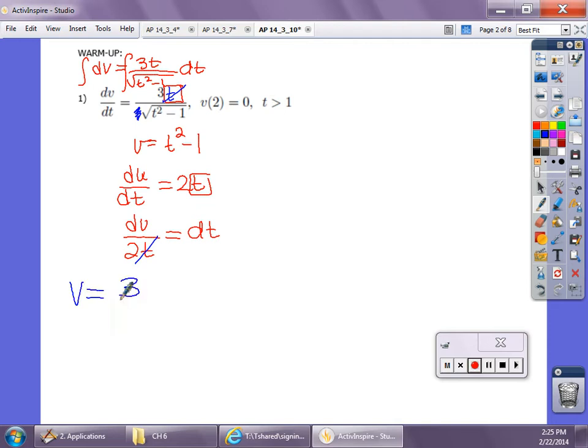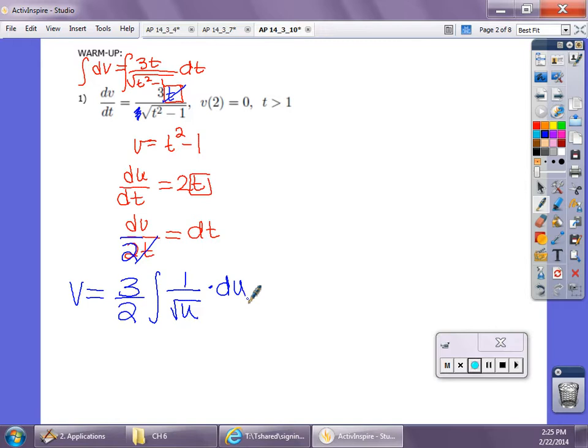I'm going to pull in front of the integral this half right here. I'm going to write underneath the 3. And then integral of 1 over square root of u times du. Remember, we replaced the dt with a du divided by 2t, but the t's canceled and the 2 is still sitting out front.